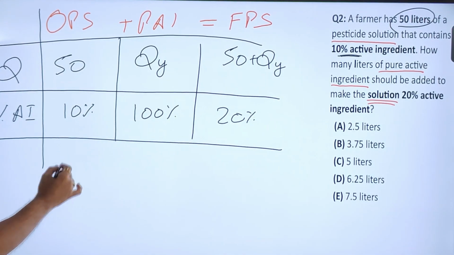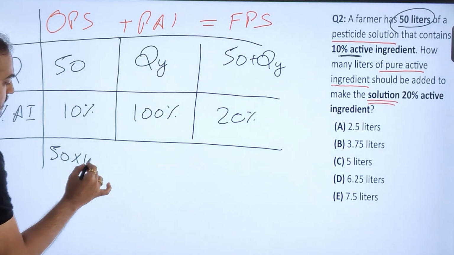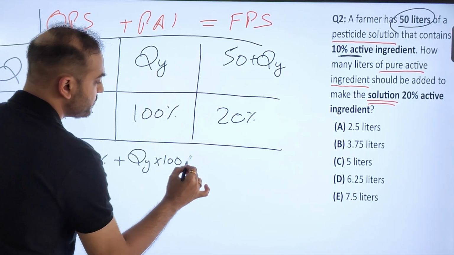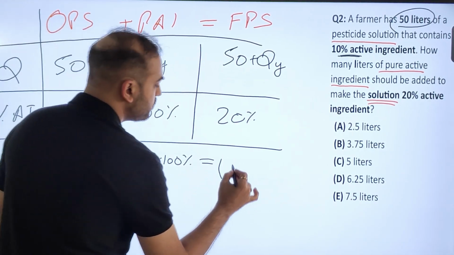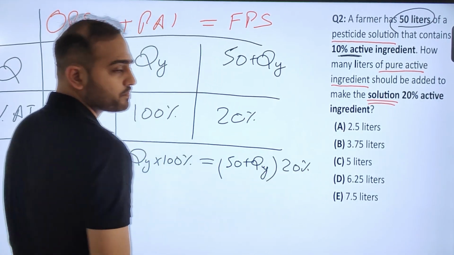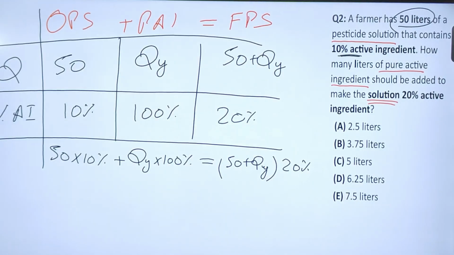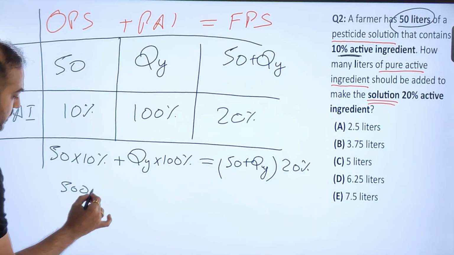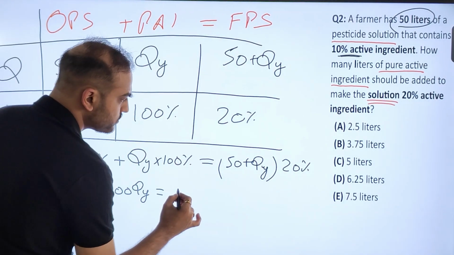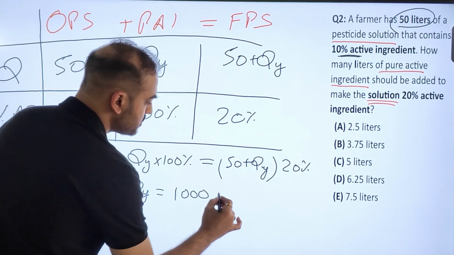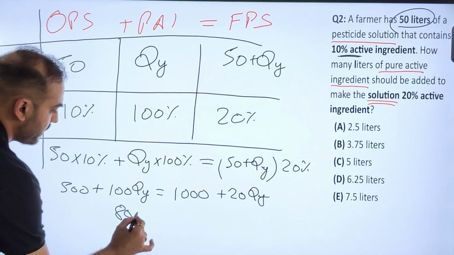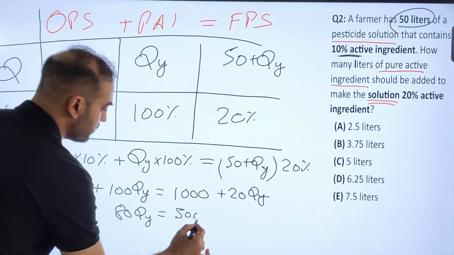Let's solve the questions. So 50 times 10% plus QY times 100% is equal to 50 plus QY times 20%. The percentages cancel out. So we have 500 plus 100 QY is equal to 1000 plus 20 QY. 80 QY is 500.